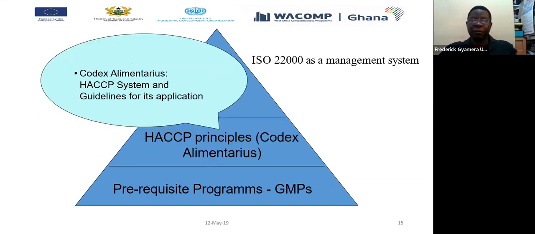Now, from the prerequisite, that's the base, the foundation I showed you yesterday, you come to the hazard principles, which is also captured in that. But I told you yesterday, I showed you a tree, and I said that the foundation, the root, is the beginning. If you don't have those GMPs, the prerequisite, you cannot apply the hazard principles.